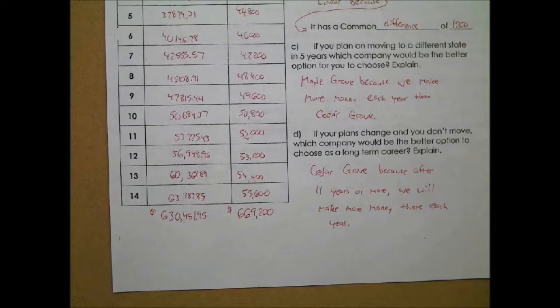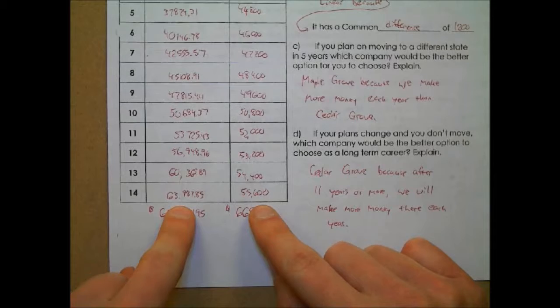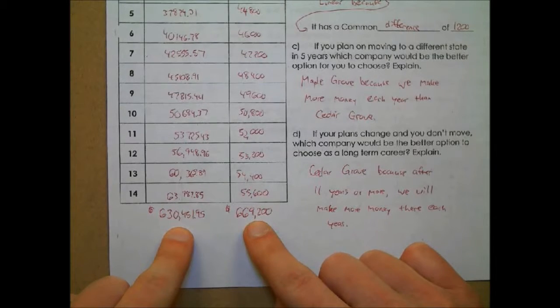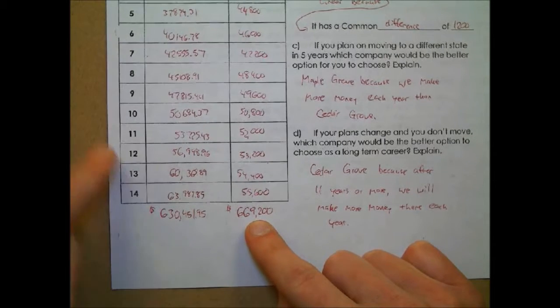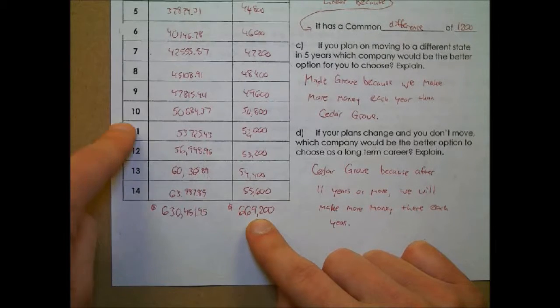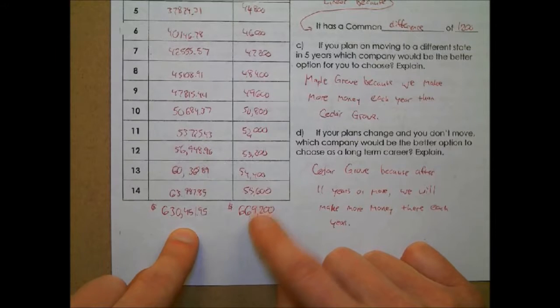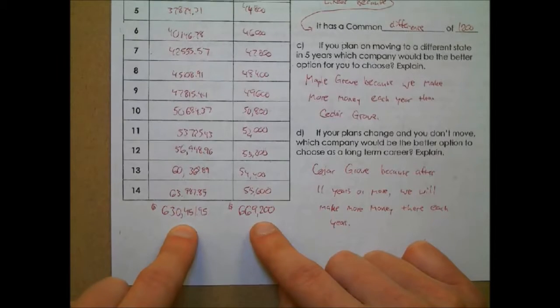And you can see here that even though you do start making more money at Cedar Grove eventually, overall, even after 14 years, right? So year 11 is when you start making more money at Cedar Grove. But overall, even 3 years later, at year 14, you still have made more by going to Maple Grove first than at Cedar Grove. Now, will these two always be like this?